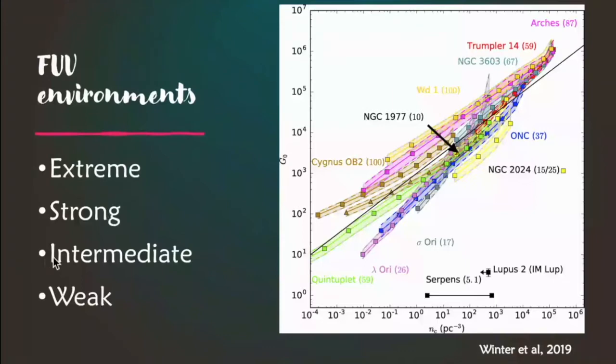There are some extreme regions with a very strong UV background, very dense, high-density clusters with a lot of OB stars. Here you can see that Lupus, Serpens, and Sigma Ori are very low, but Sigma Ori actually has a range of it.